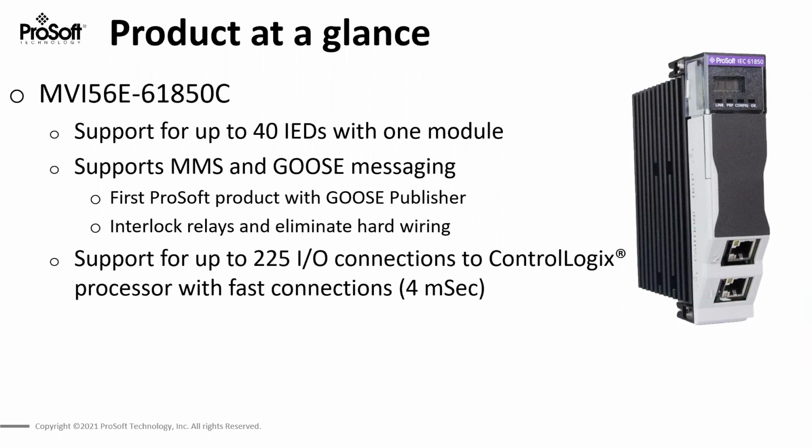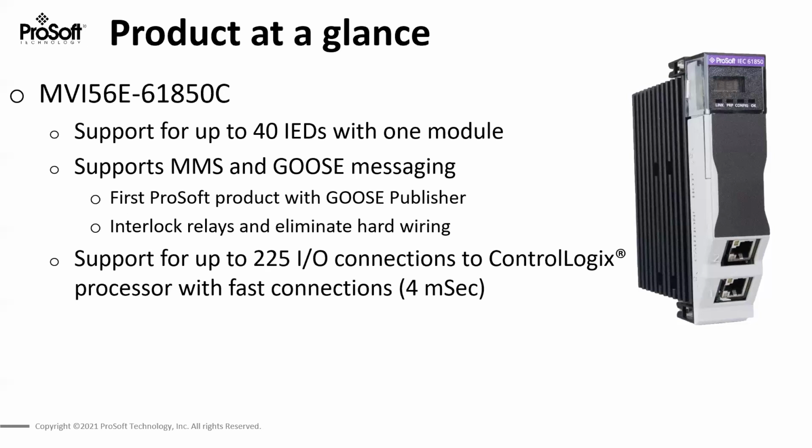And this is achievable only through the fact that we can support some very fast I/O connections, and a lot of them. The module itself can support I/O connections all the way down to 4 milliseconds, and it can support up to 225 I/O connections on the ControlLogix side.